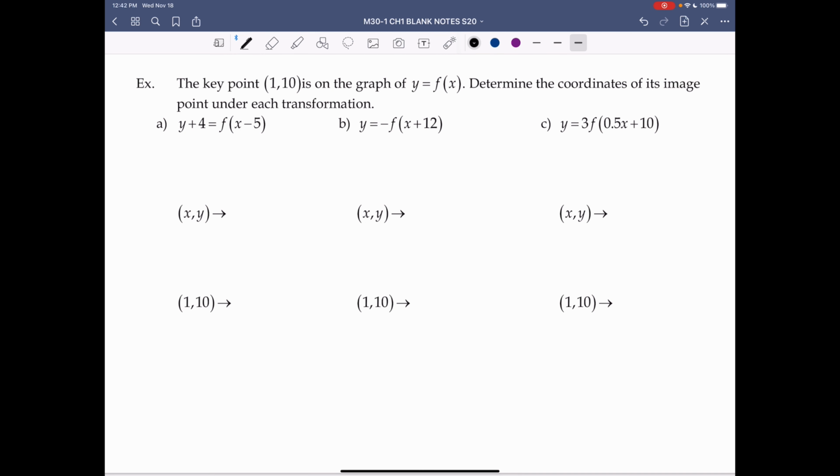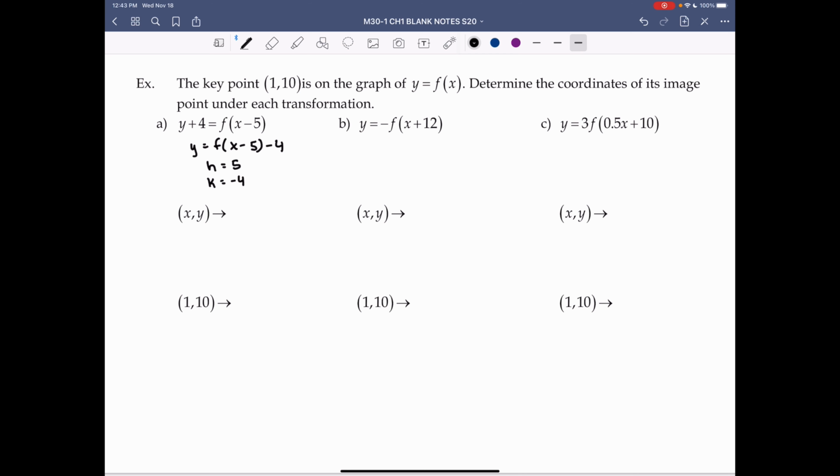Example: the key point (1, 10) is on the graph of y equals f of x. Determine the coordinates of its image point under each transformation. A is y plus 4 equals f of x minus 5. I'm going to move the 4 over by subtracting 4 from both sides. Then I get y equals f of x minus 5 minus 4, which gives me an h value of positive 5 and a k value of negative 4.